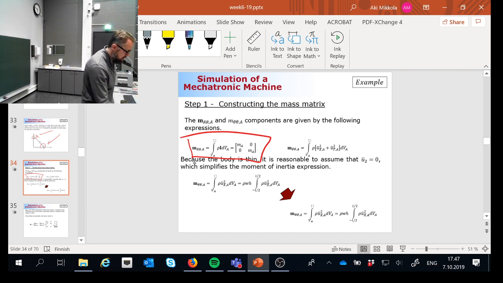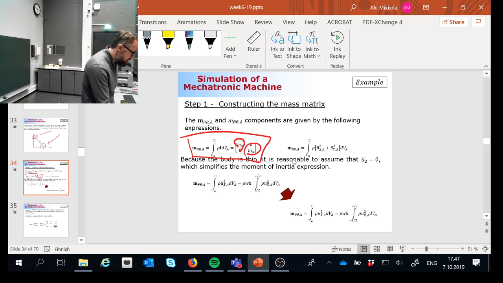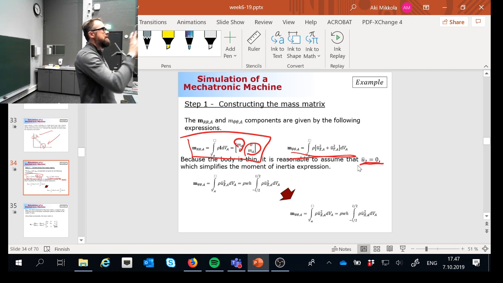So here is the mass of the body. Here is the mass of the body. So that's my 2x2 mass matrix. And then the other one is the mass moment of inertia. Let me see, it is simplified in such a way that I'm assuming this to be a thin body, so I'm assuming that U bar 2 is insignificant.